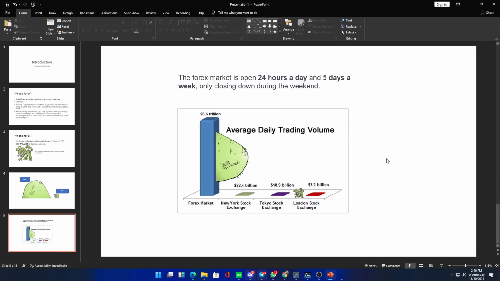Okay, the forex market is open 24 hours a day and 5 days a week, only closing down during the weekend. It means Saturday and Sunday it is not open.